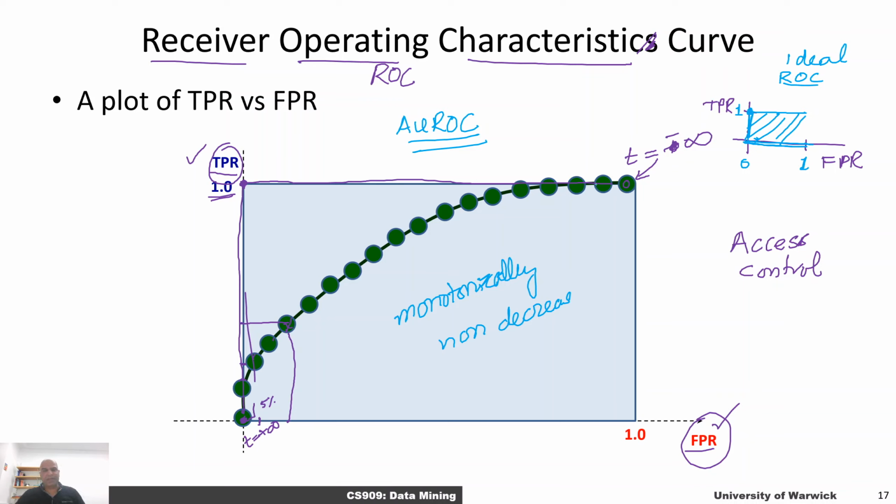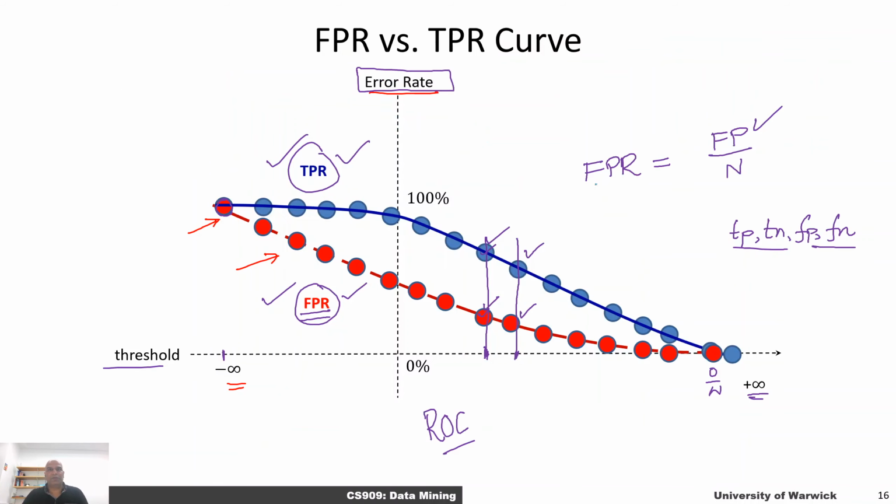So just to summarize, what we've done so far is we've discussed how to determine the ROC curve. We plot the false positive rate and the true positive rate of a given classifier against its threshold value. So if we choose a particular threshold value for that classifier for a given test set, we calculate how many false positives it's generating and how many true positives it's generating, and we calculate the false positive rate and the true positive rate, and we plot this curve that is on your screen.